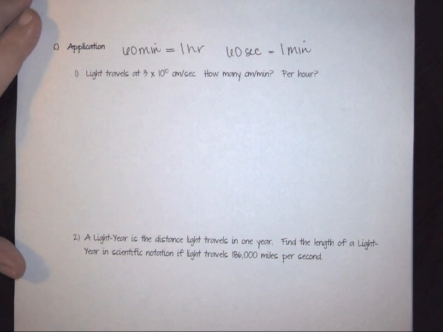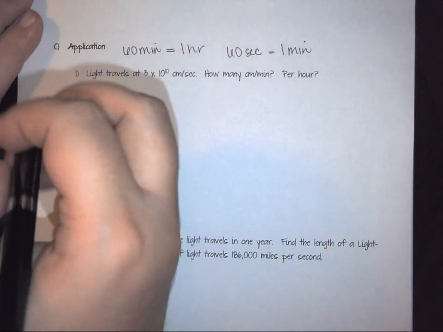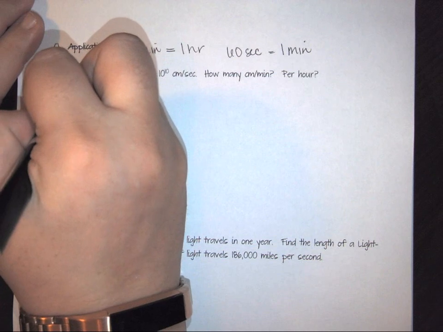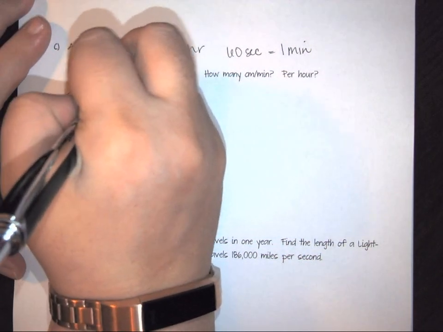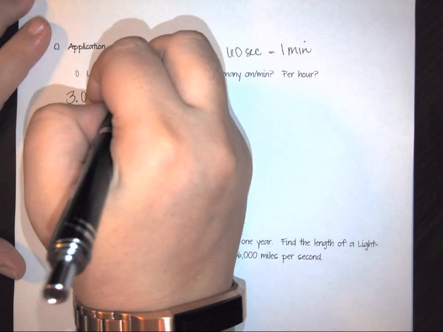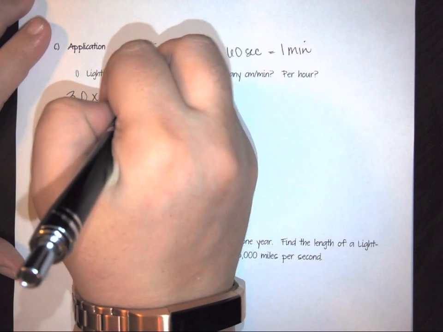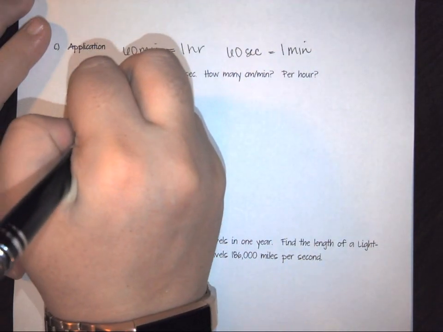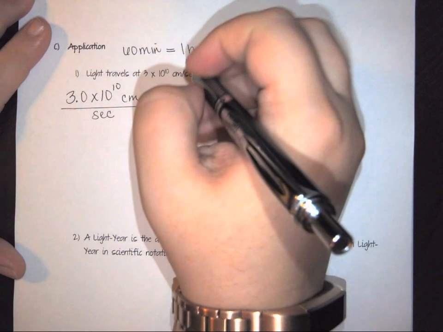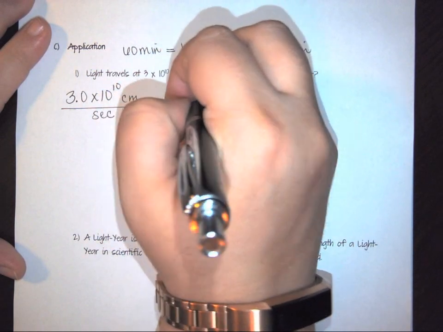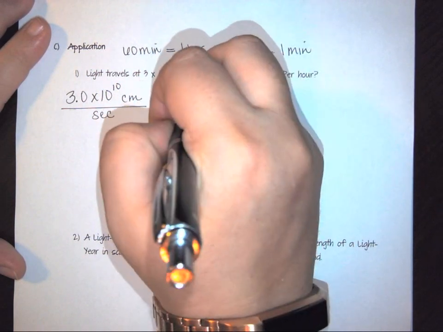So first and foremost, I have 3.0 times 10 to the 10th, and we said that this was centimeters per second. And we need to multiply this by 60 seconds per minute.